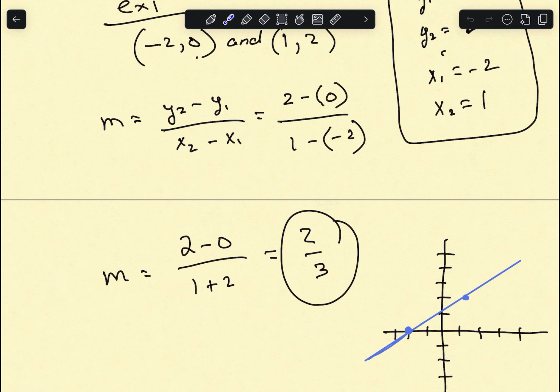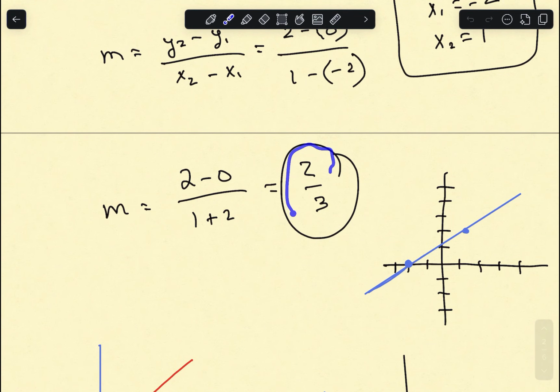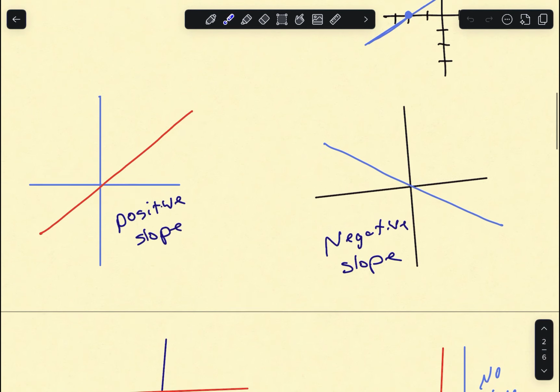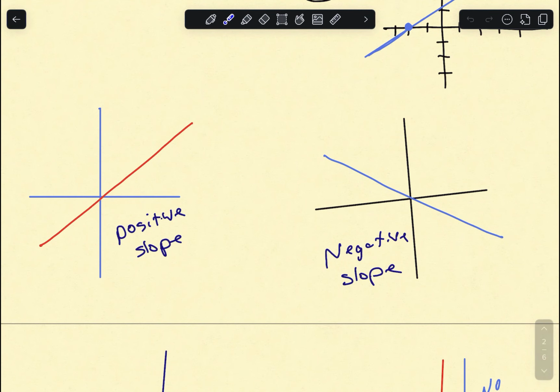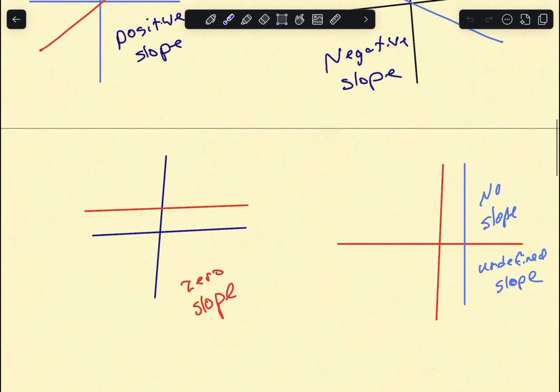So that means it's a positive slope, and you know that because you got a positive 2/3 here. These are different directions. A positive slope looks like this. A negative slope looks like this, going downhill. A zero slope is just a horizontal line straight across.